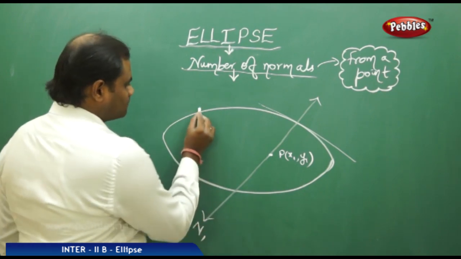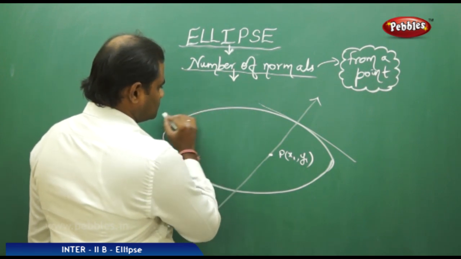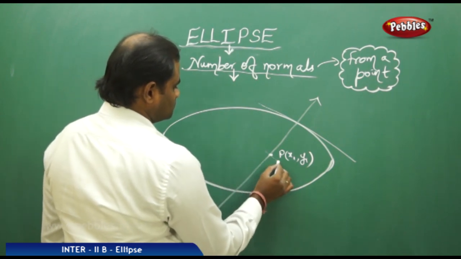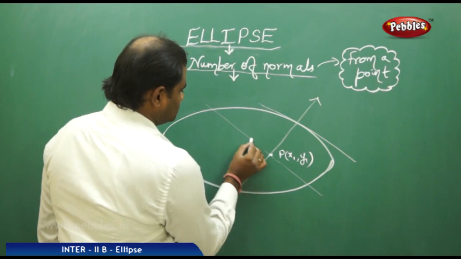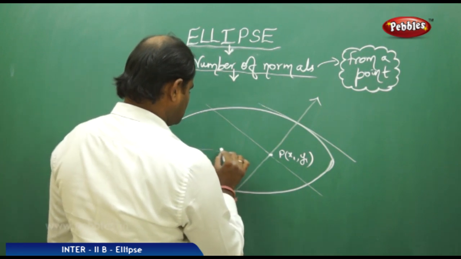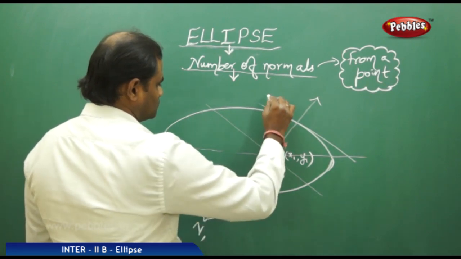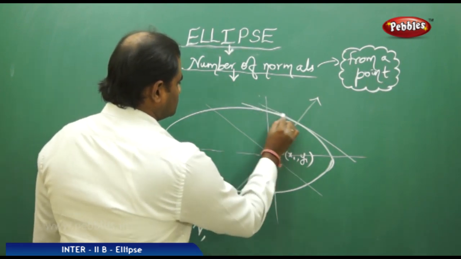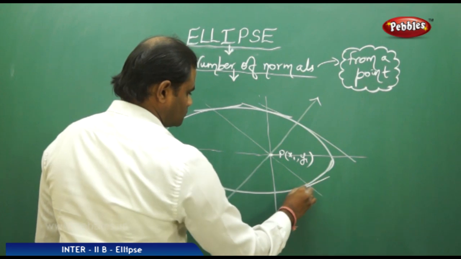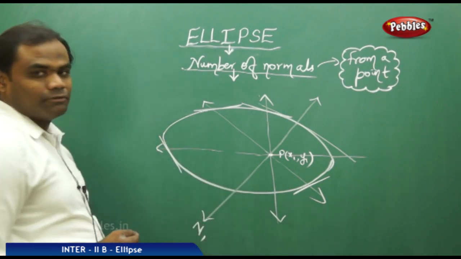This is normal 1, so we identify that there are totally 4 normals which can be drawn.